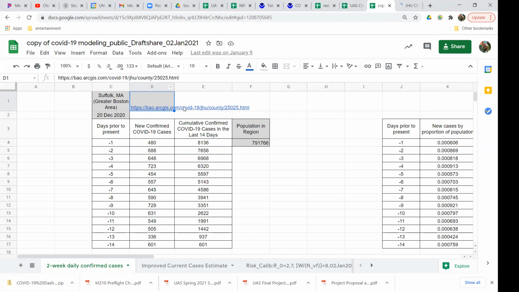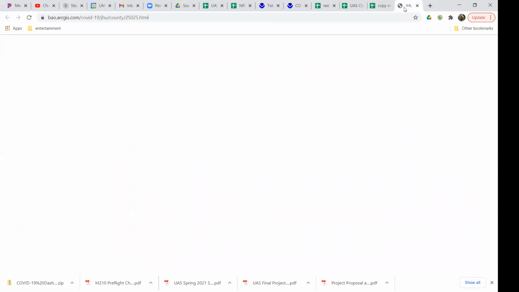It's for this county in particular, but you can go to Johns Hopkins University or some other source that has new confirmed cases prior to present in a particular region. You can enter them here in the D column. So 1 day prior to present, you'd enter it here. 2 days prior to present, you enter it there. It's set up to be a 2-week period.